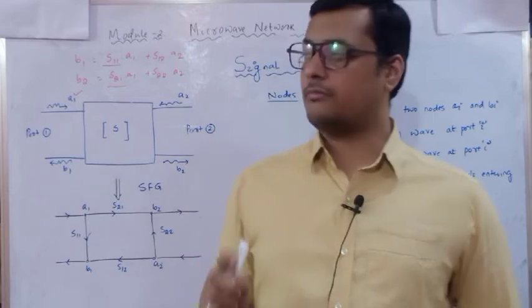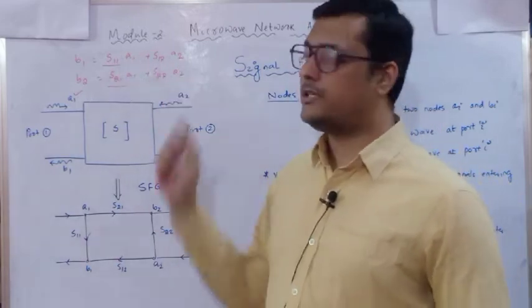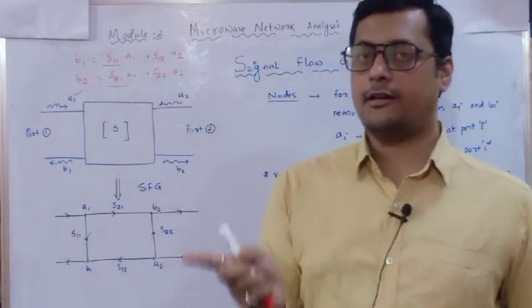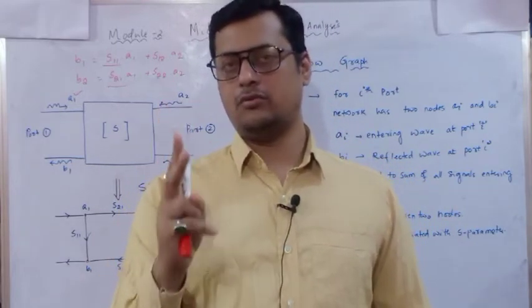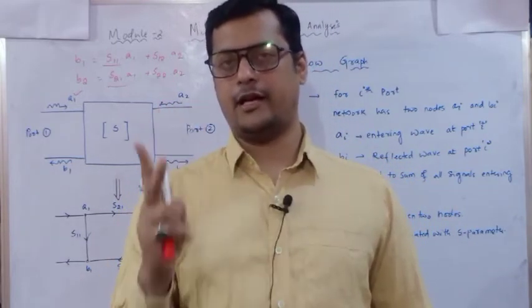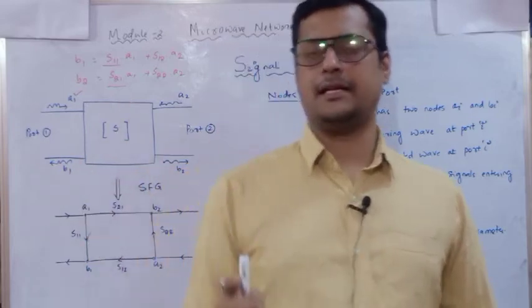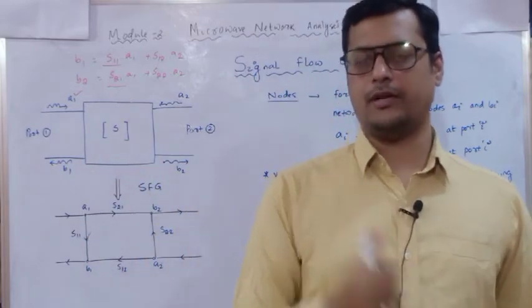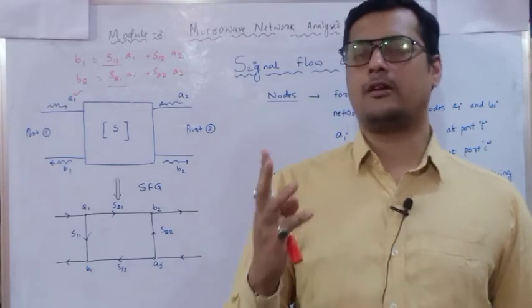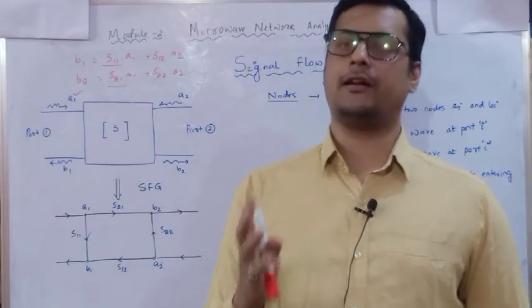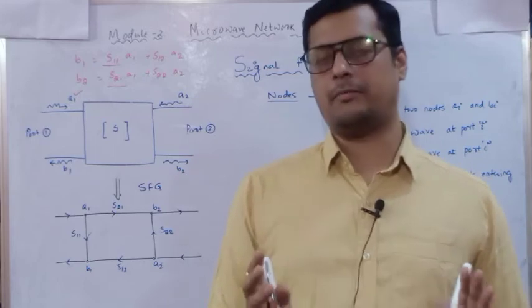Remember this, normalized potential. So what are the normalized potentials? Incident wave and the reflected wave. So how many incident waves? Two: A1 for port 1, A2 for port 2, and reflected waves B1 for port 1, B2 for port 2. So these are the four normalized potentials through which we can represent the nodes of a particular device.